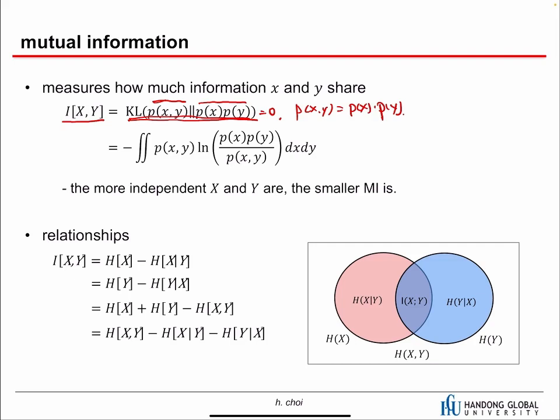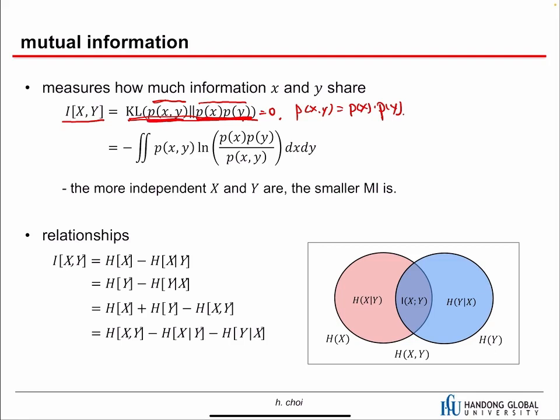So if X and Y are independent, then they don't share any information. But many times X and Y are not independent of each other, and they can share some amount of information. And the mutual information measures the information that X and Y share. So this is measuring how much X and Y are independent. We check the divergence between this distribution and these distributions.